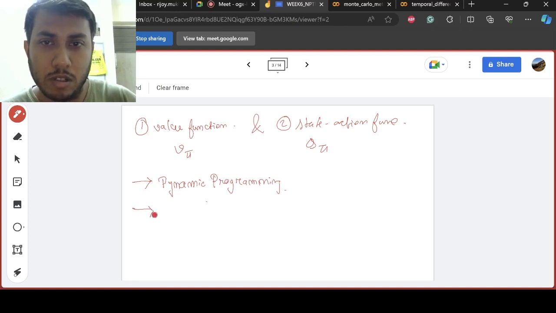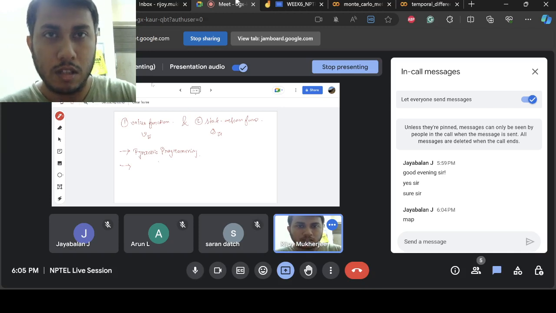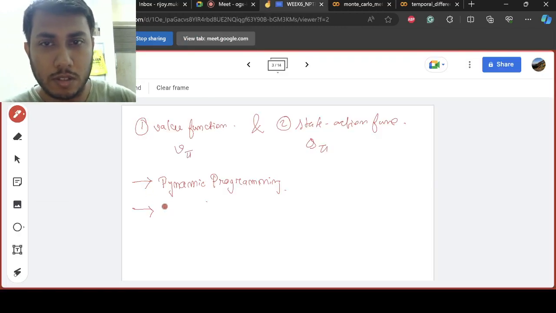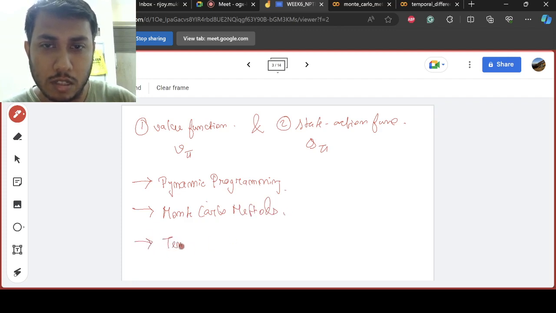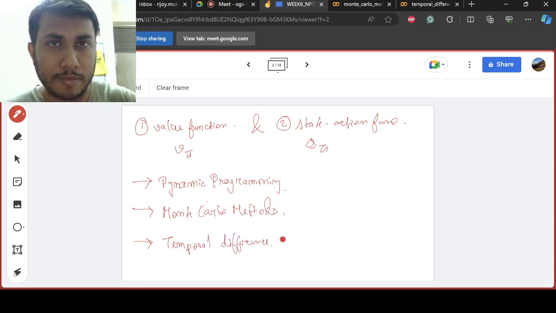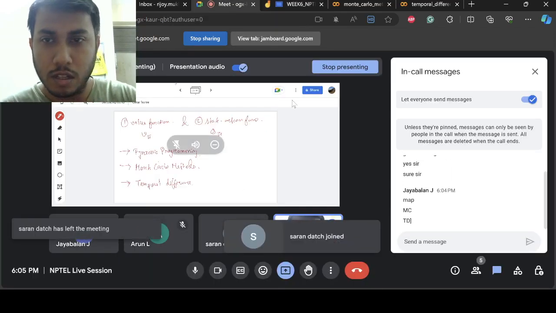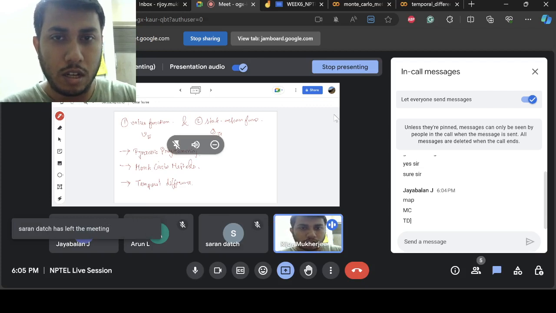Then we came to Monte Carlo methods, and last, this week, temporal difference.